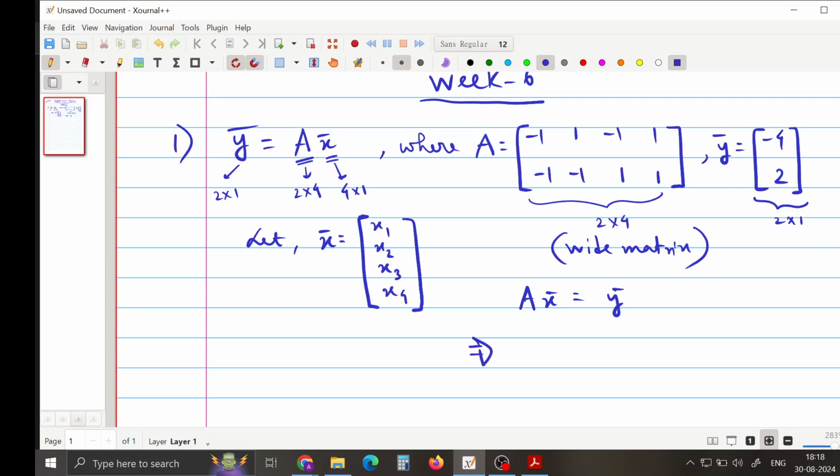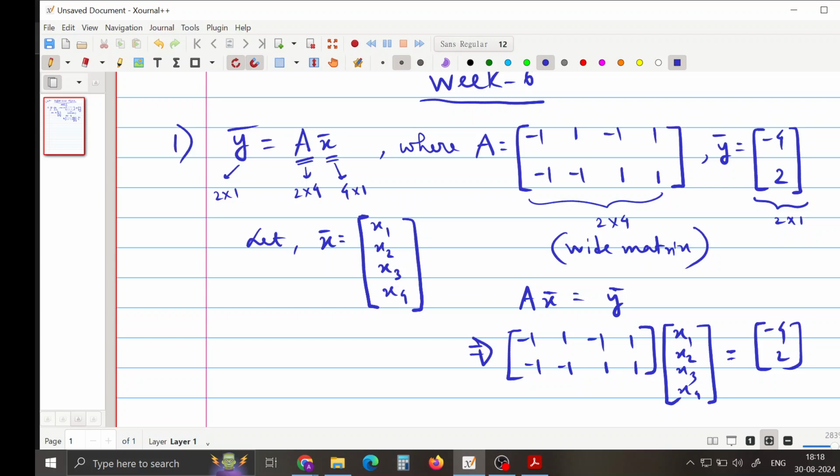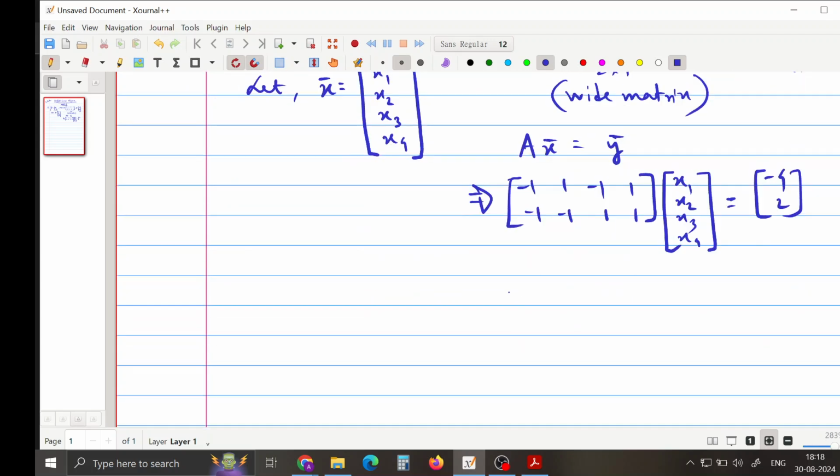So this is my A, right? I'm just writing these intermediate steps for completeness; I can skip them. Okay, so this is my 4 minus 4. So I will have 2 equations in 4 unknowns.